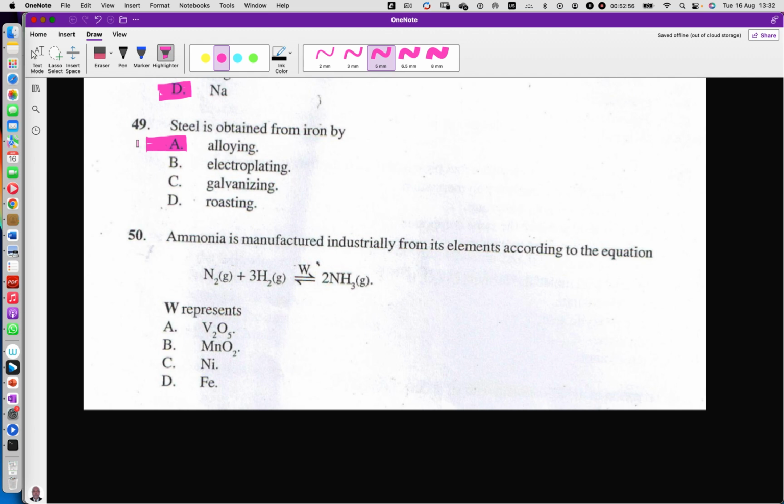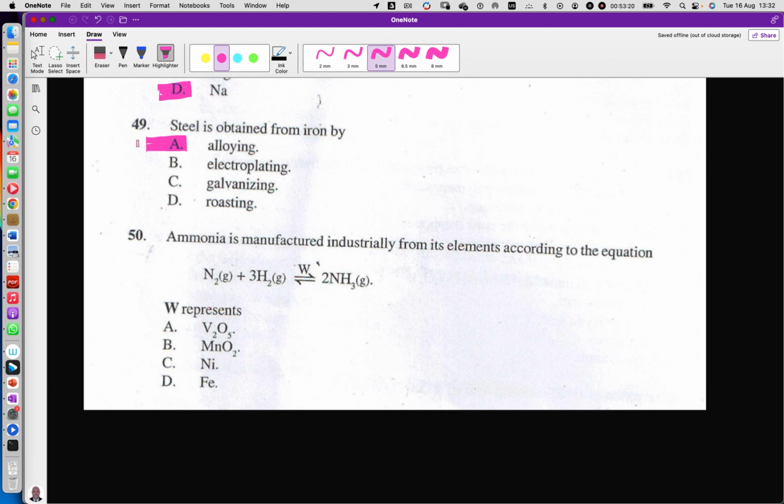W represents A, vanadium pentoxide; B, manganese(IV) oxide; C, nickel catalyst; and D, iron.